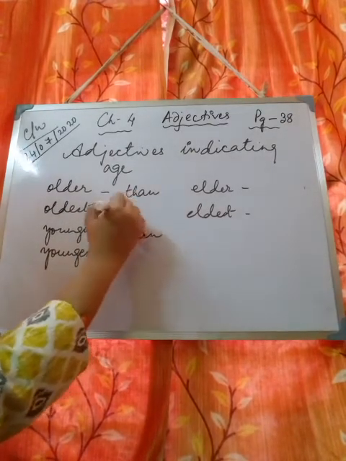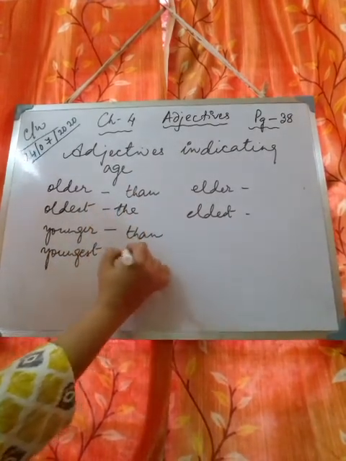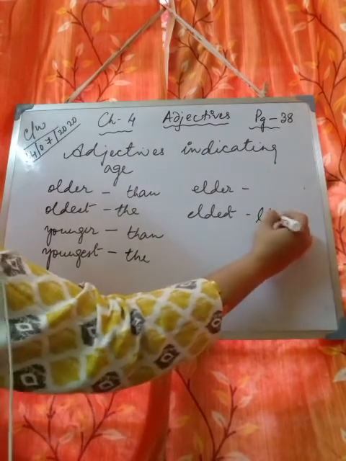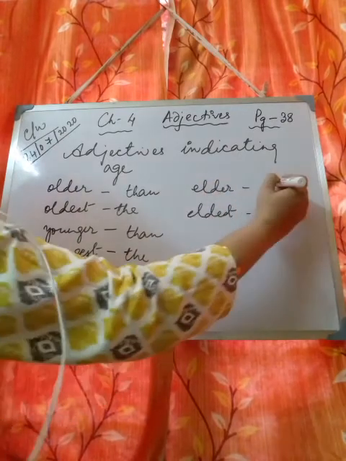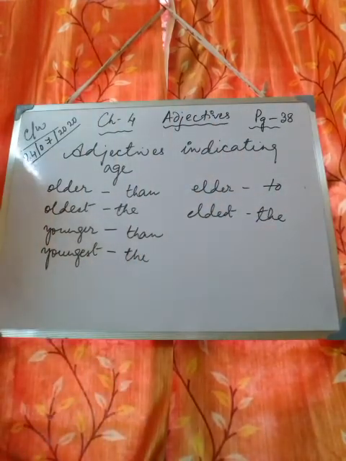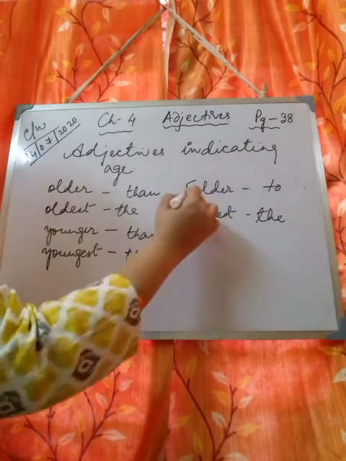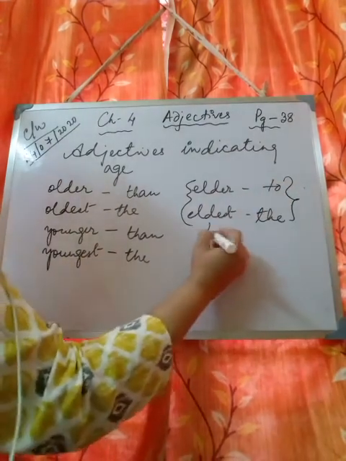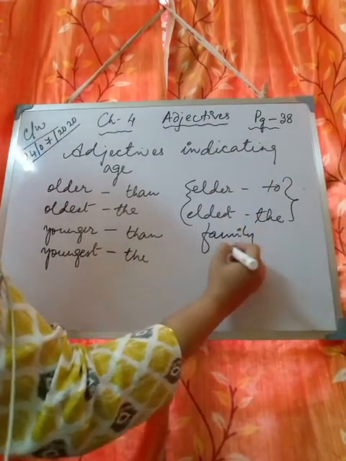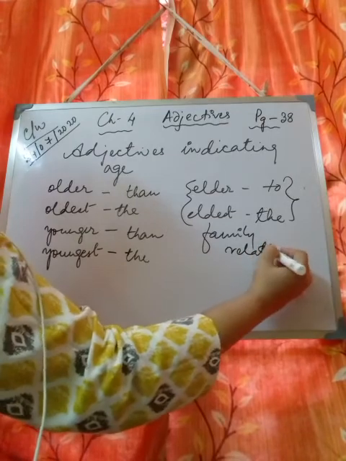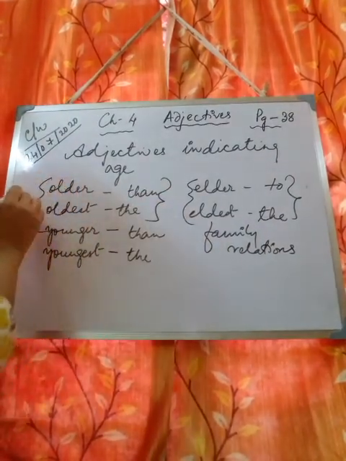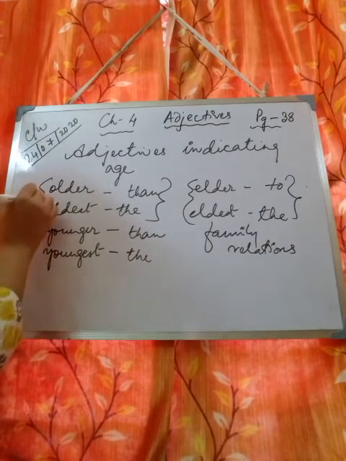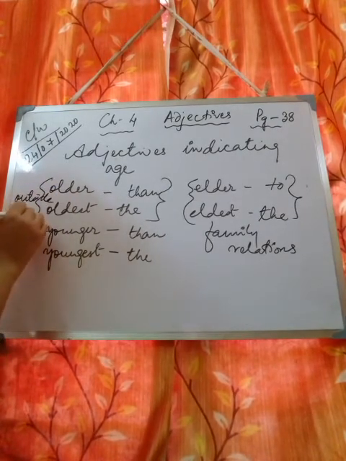Before oldest we use the, before youngest we use the, before eldest we use the, but after elder we use to, we do not use the. Remember, elder is used for family relations, and older, oldest are used outside family.